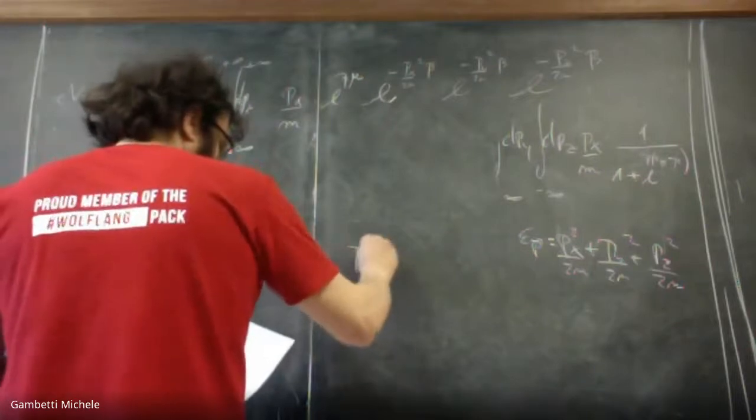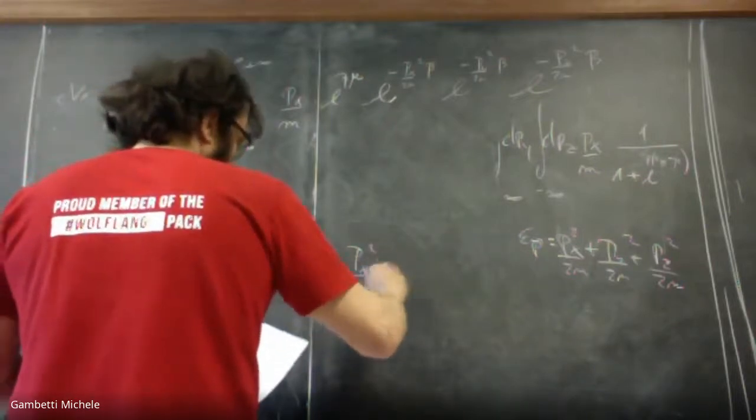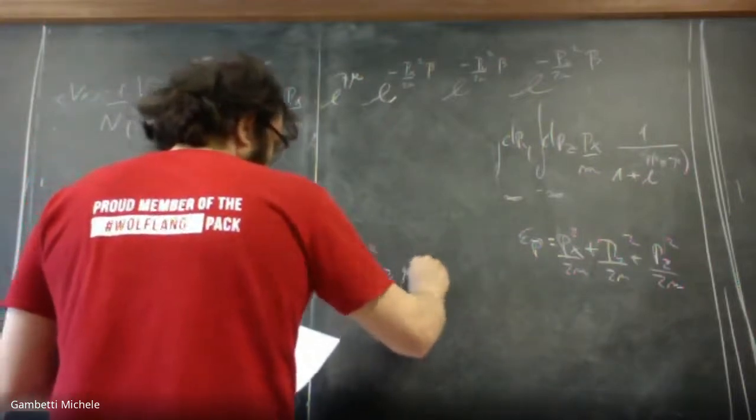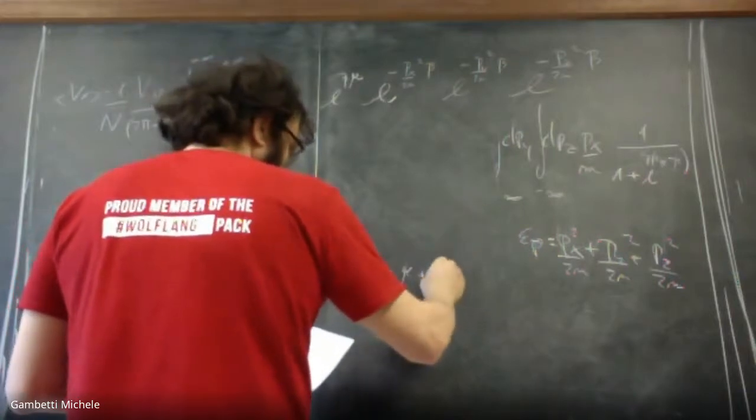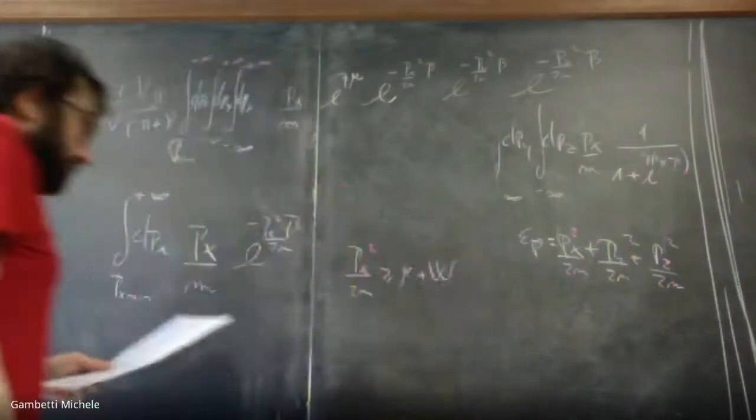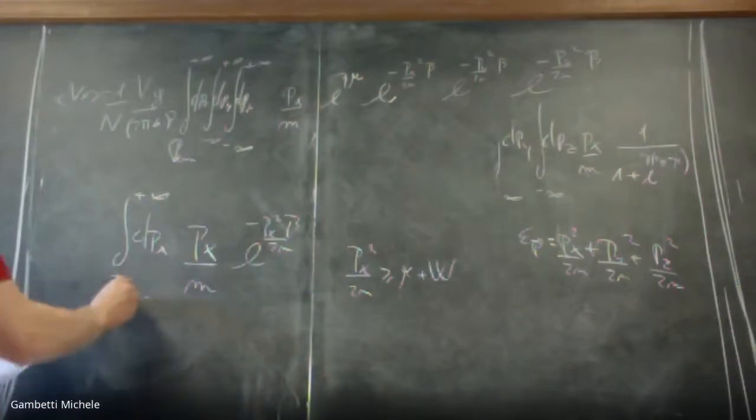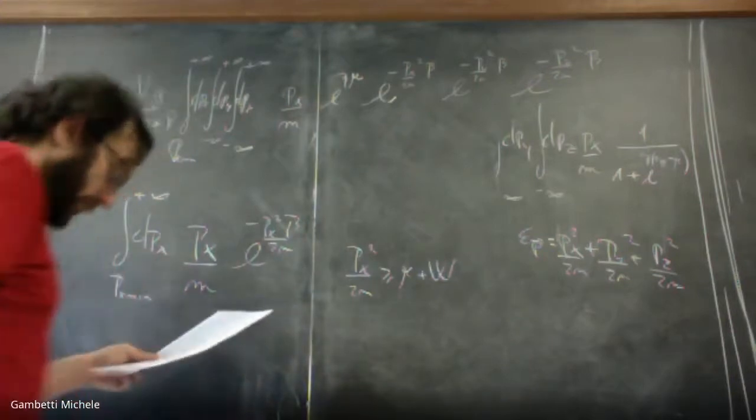So px squared divided by 2m larger than mu, or Ef, they are the same, plus W. Okay, this provides the minimum of this quantity.